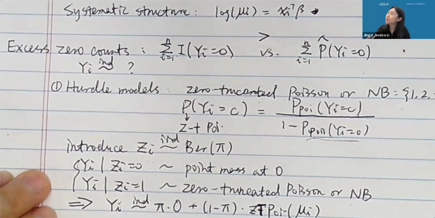So that's why for parameter estimation under the hurdle model, we mostly use the method of moments. I don't know how many of you have learned about that, but it's a different way of estimating parameters. You set the sample moment, like the average, equal to the expectation of the distribution. Then you set the second sample moment, the average of yi squared, equal to the expectation of the random variable squared.